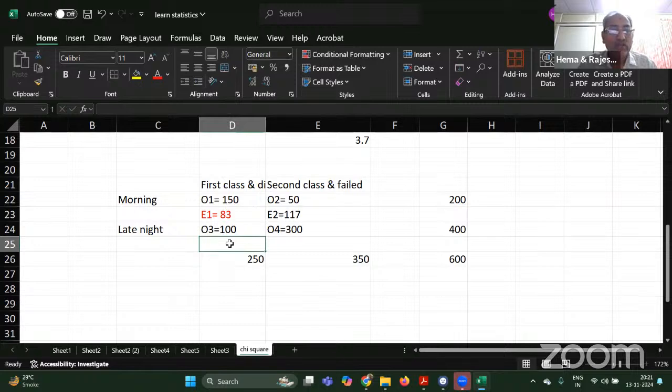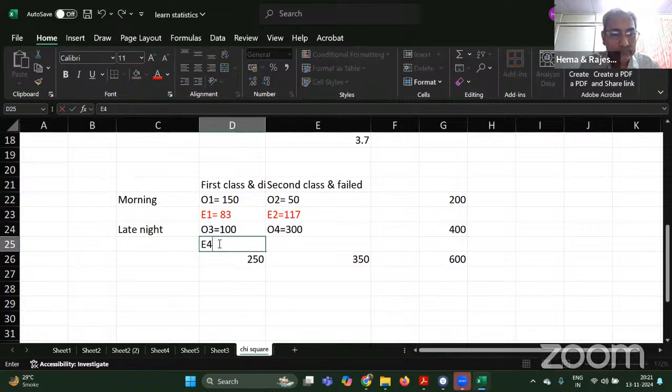Here automatically 250 minus 83. So E4 is equal to 100, square.